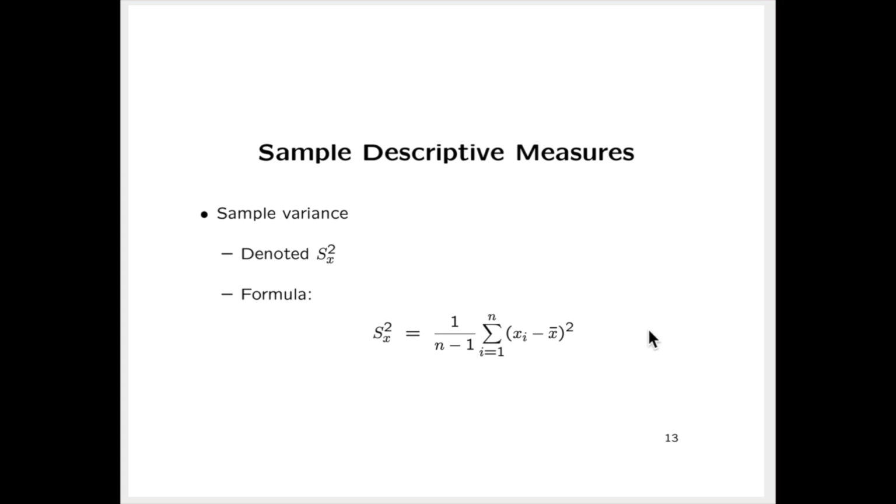The sample variance, if we think in general about what a variance represents, is the average squared deviation about the mean. In this case, it's the average squared deviation about the sample mean, and this is how we would calculate it. This is the defining formula.